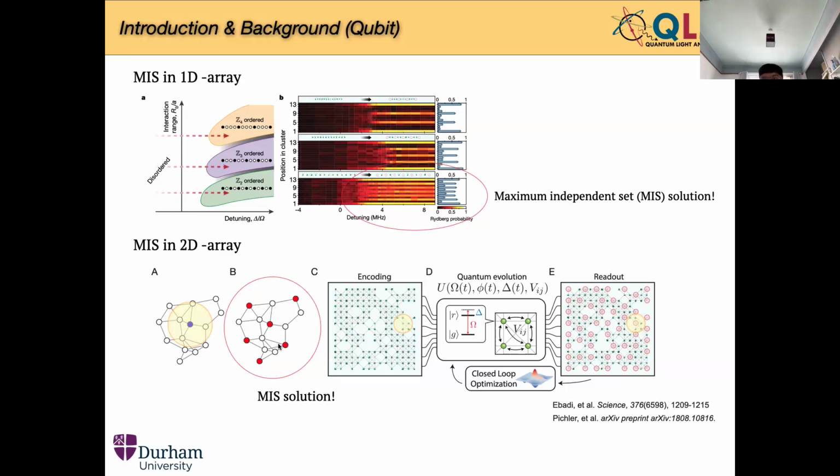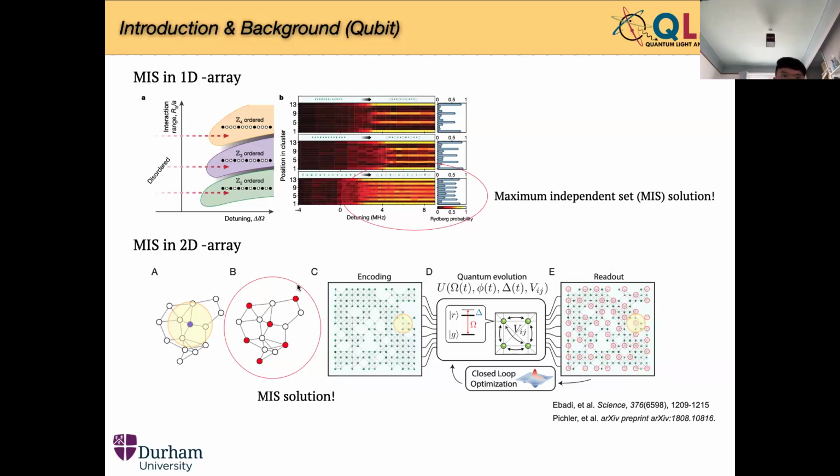And this maximum independent set has a natural connection to our Rydberg system. Why? Because our Rydberg system has the property of the Rydberg blockade. The Rydberg blockade is very simple. Neighboring atoms can never be excited to the Rydberg state, because if your first atom is excited to the Rydberg state, it will block the neighboring atoms such that they can never be excited.